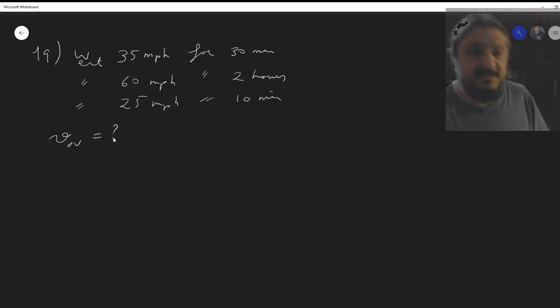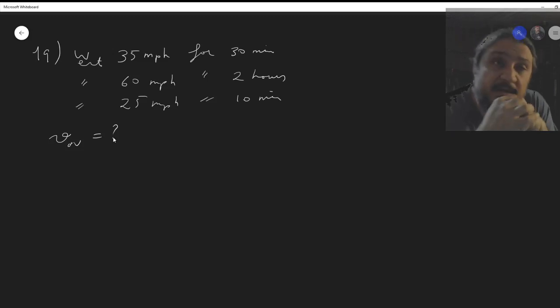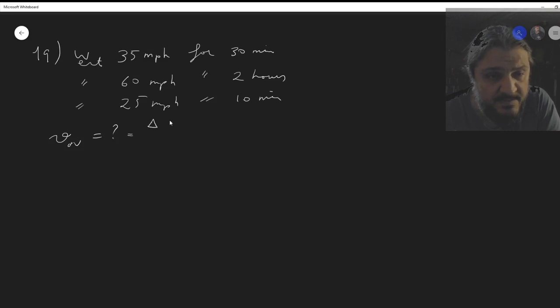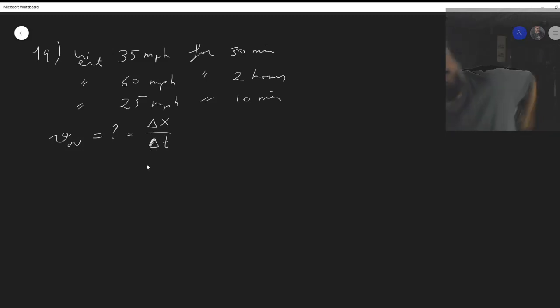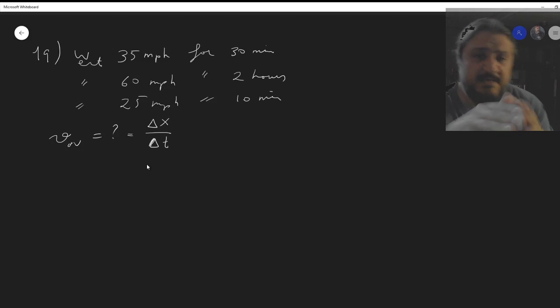Okay, so what is the average velocity? Remember, average velocity is displacement, delta r. In this case, I can just call it x. Delta x over delta t. Alright, so here's what you should not do.